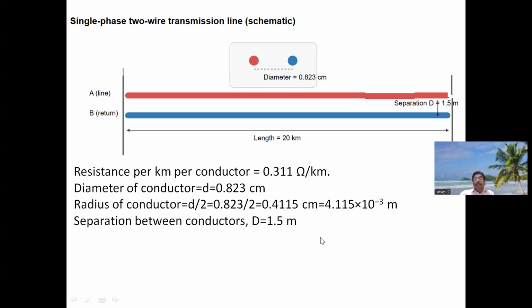So we need every dimension in meter. So we are converting into meter, we will be getting 4.115 into 10 raised to -3 meter. The distance between the conductors is also given, it is 1.5 meter. So we will solve the problem first.